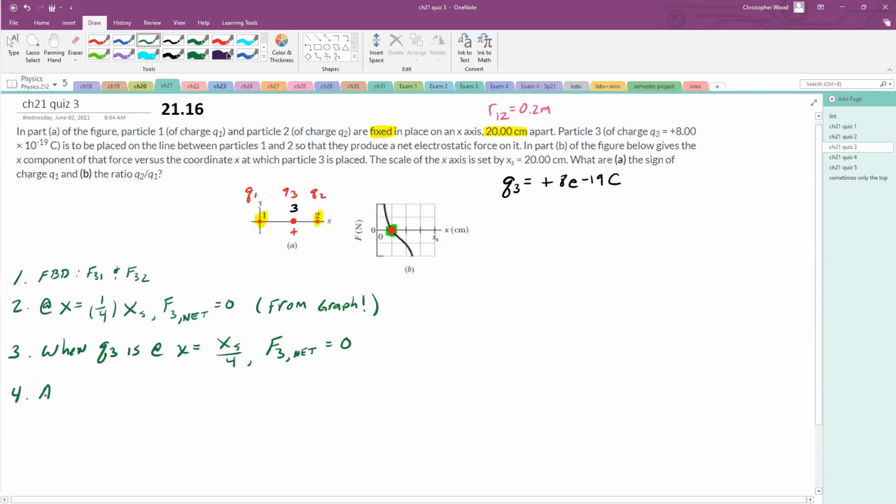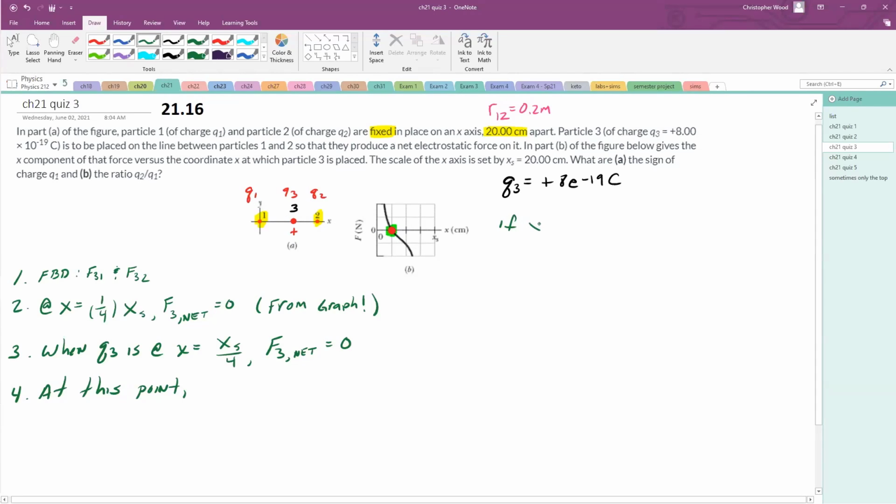At this point, I better do some free body diagrams. At this point, I have my force vectors. Let's see if maybe we can answer part A right now.